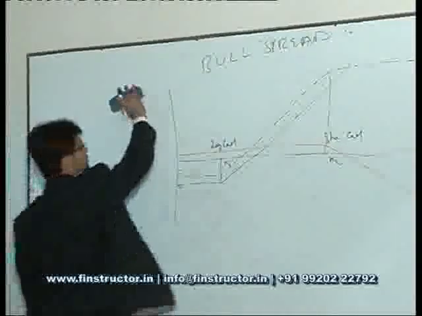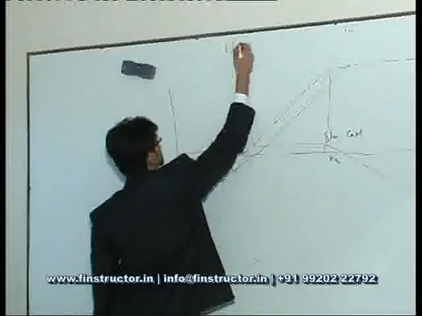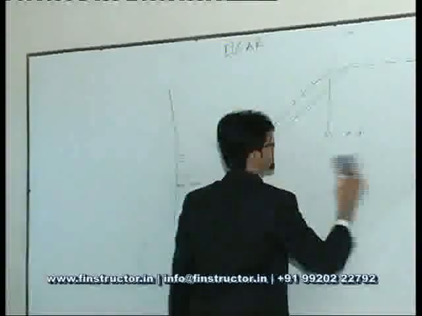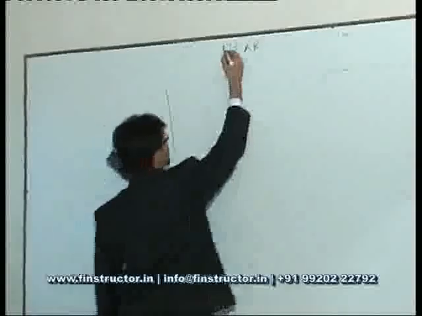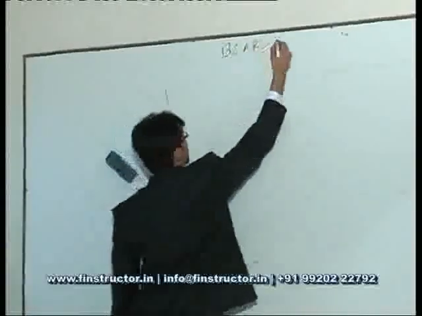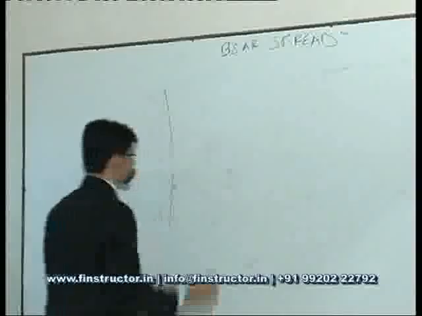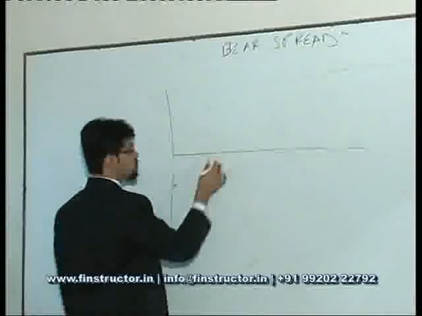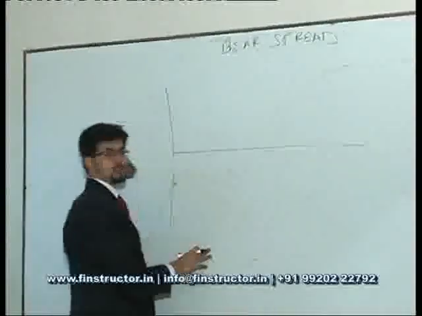A converse strategy would be the bear spread. Now in the bear spread, I short a call option at a lower strike price and I long a call option at a higher strike price.